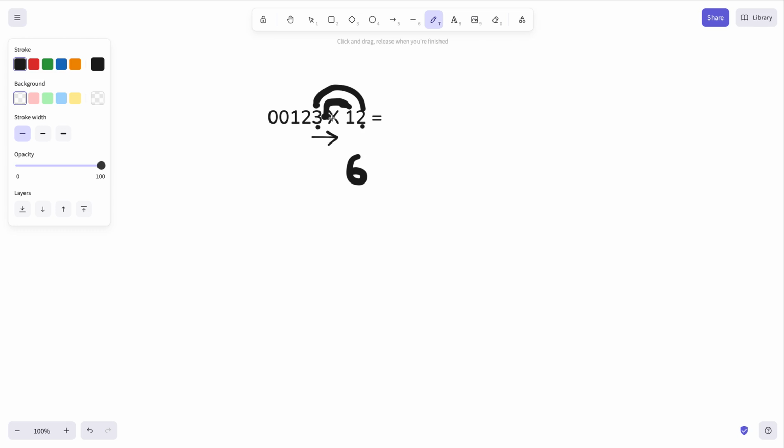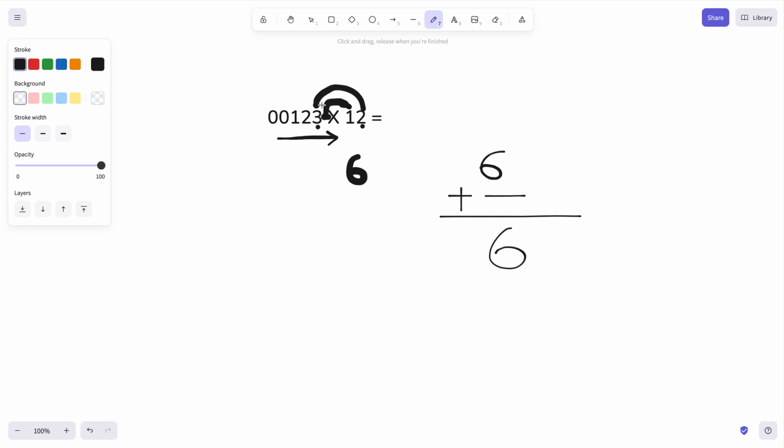The neighbor of 3 on the right was nothing, and so the answer was 6. So it was like 3 2s are 6 plus nothing. So the total answer is 6. That's how we got 6.